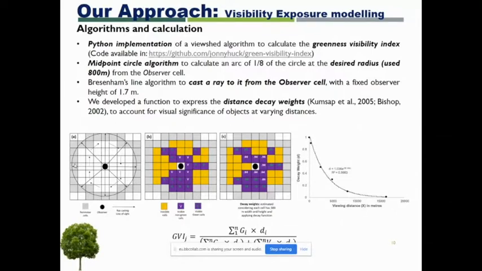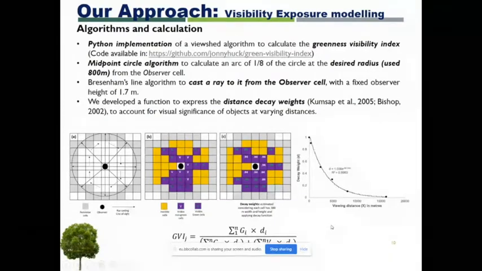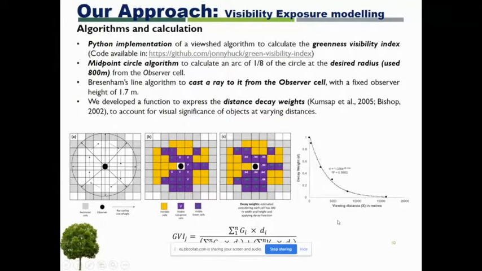That comes from two major empirical studies, and we developed this decay function so that different distances have different weights. Combining this line of sight algorithm and the decay function, we calculate the greenness visibility index, where you have the decay weight multiplied with the binary surface and get the value for GVI, or the Greenness Visibility Index as we call it.